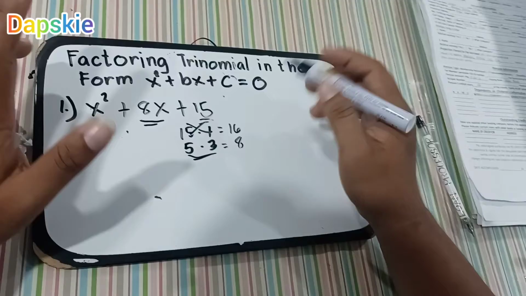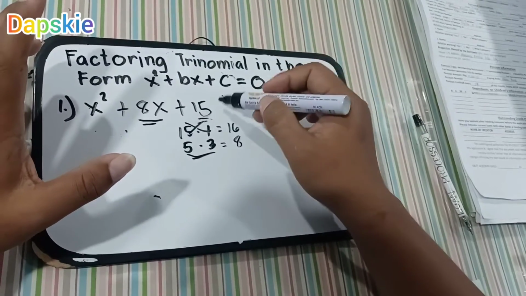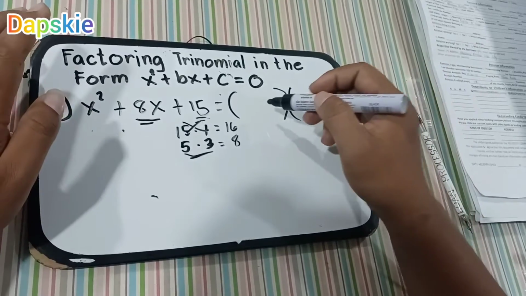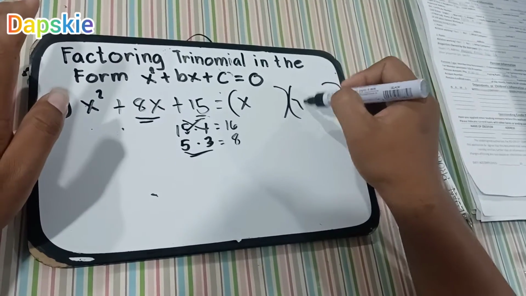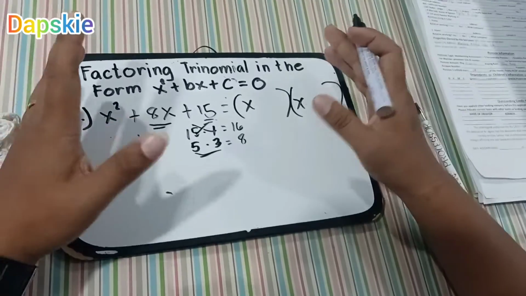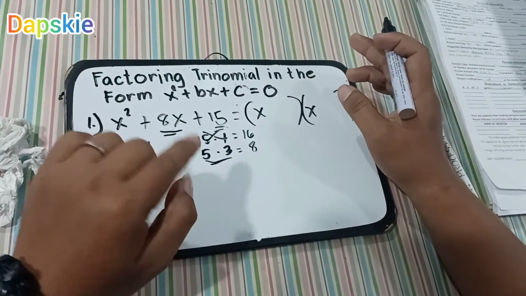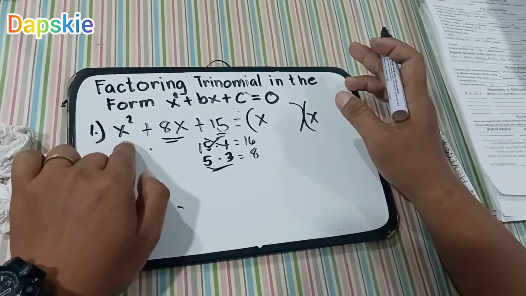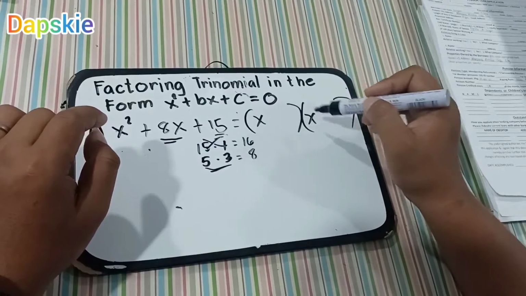In this case, we are going to make two parentheses, and we'll have x in each. Why x? Where did we get x? We get x from the first term: we split x squared, since x times x is x squared.